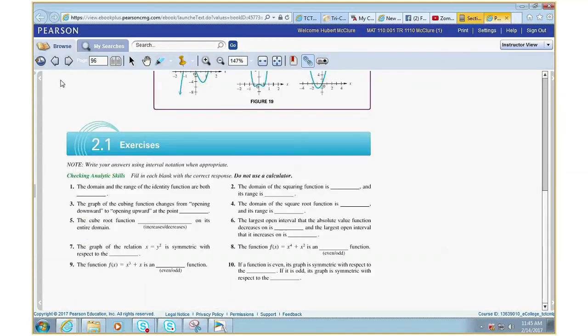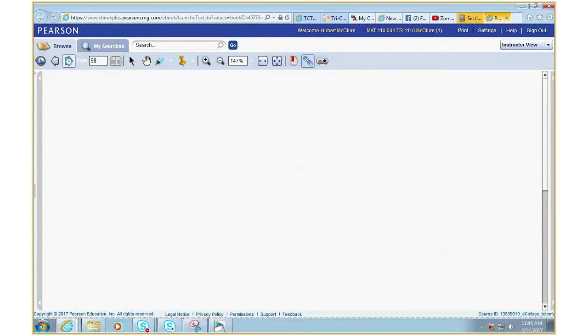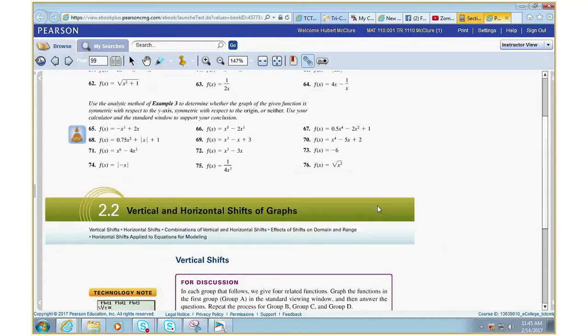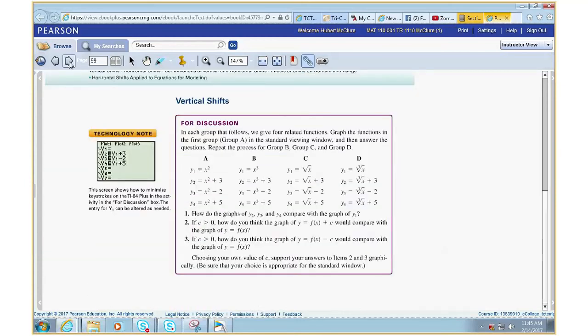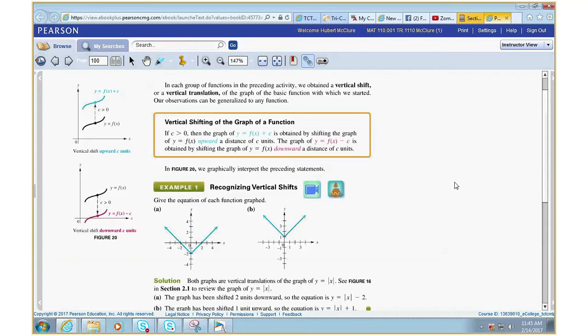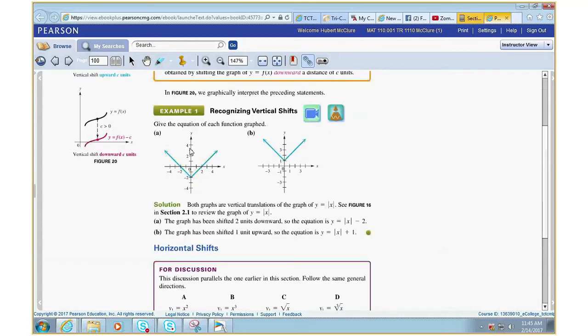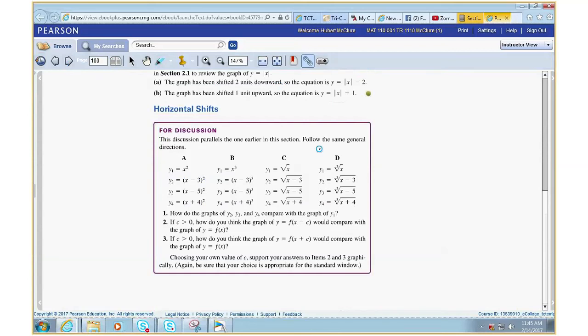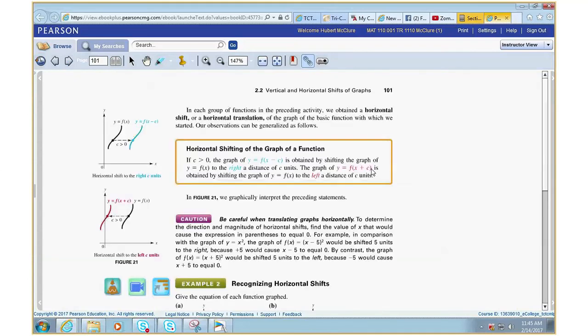All right, that's 2.1. Now 2.2. Look at there, vertical and horizontal shifts. What is this? Absolute value. And this is a vertical shift of 2 down. This is a vertical shift of what? See? You know what you're doing. Same thing with square root. Same thing with the cubic function.